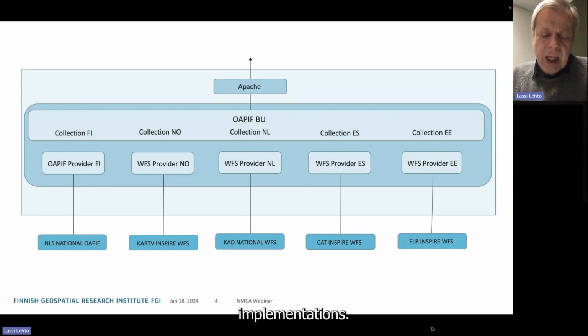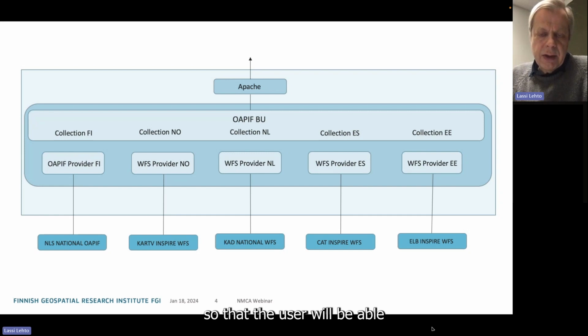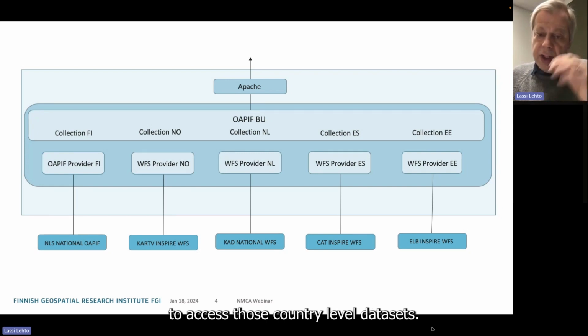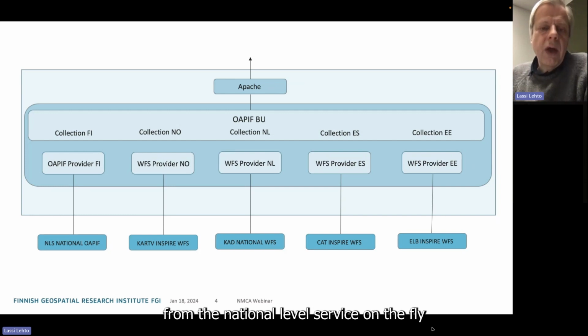And then on the platform, we connect everything together so that the user will be able to access those country level data sets via this platform, so that the data is requested from the national level service on the fly, in real time, during the request.